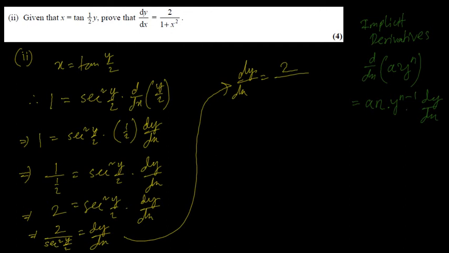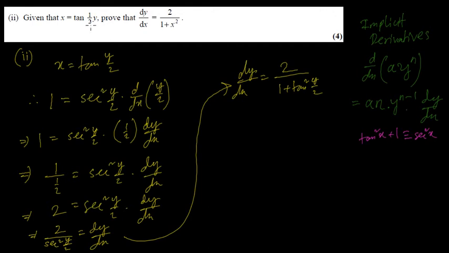Now remember the identity. There is an identity which is tan squared x plus 1 is identical to sec squared x. Now we are going to need that identity here. So instead of writing sec squared theta, I can write 1 plus tan squared theta, where theta is y by 2. So this is how it works. But here in the answer, we have to write down the answer in terms of x.